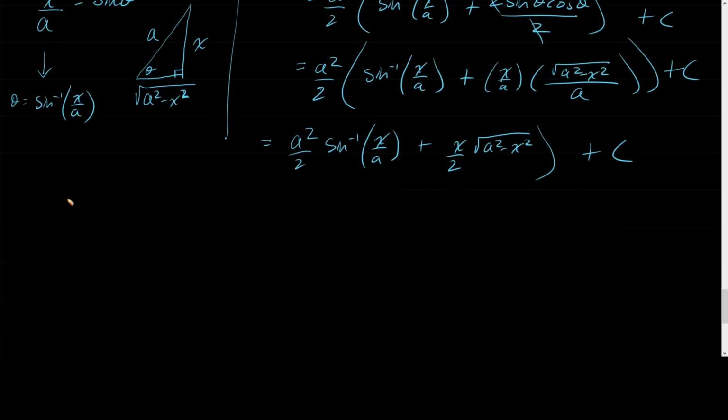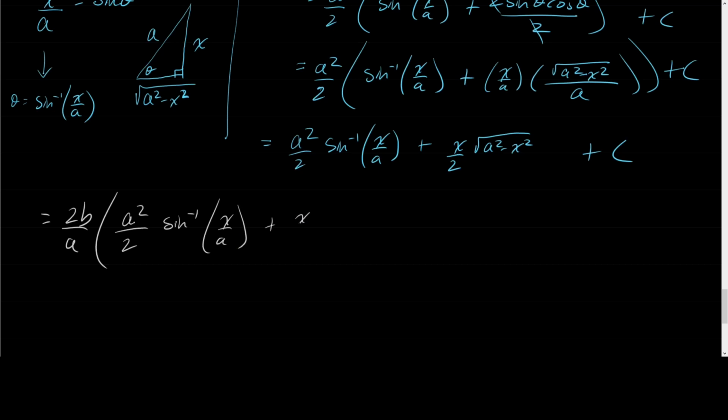So now what we can say is we had 2b over a times this integral, which was a squared over 2 sine inverse of x over a plus x over 2 radical a squared minus x squared. And now we're going to say this is supposed to be evaluated from negative a to a.